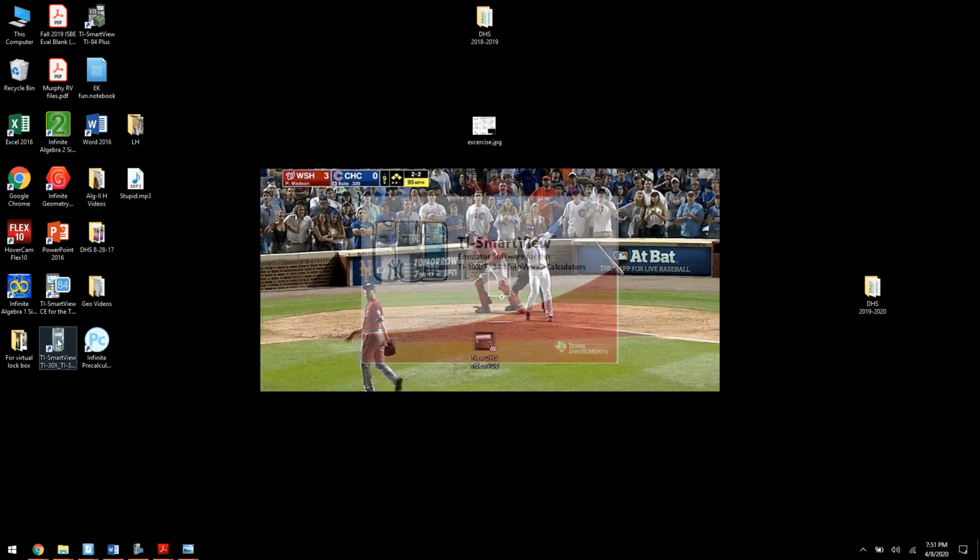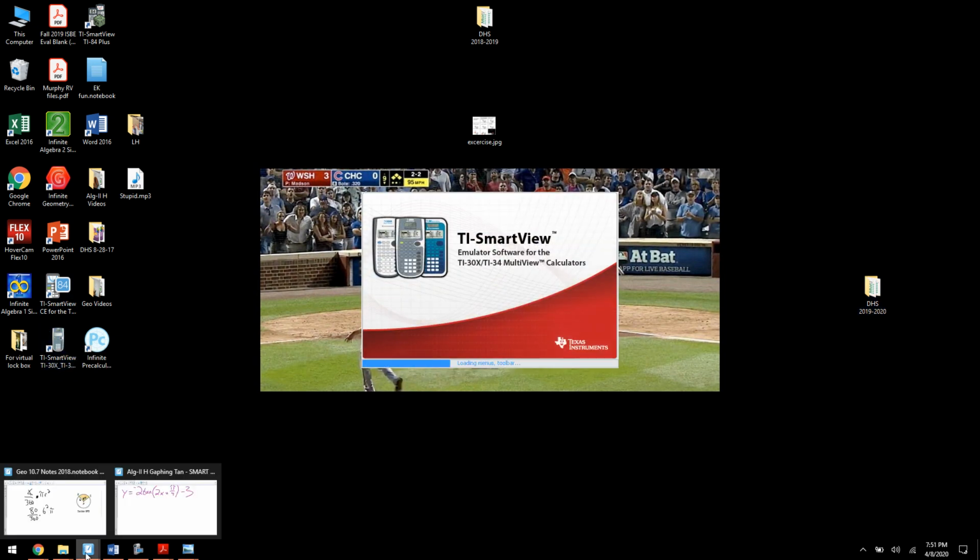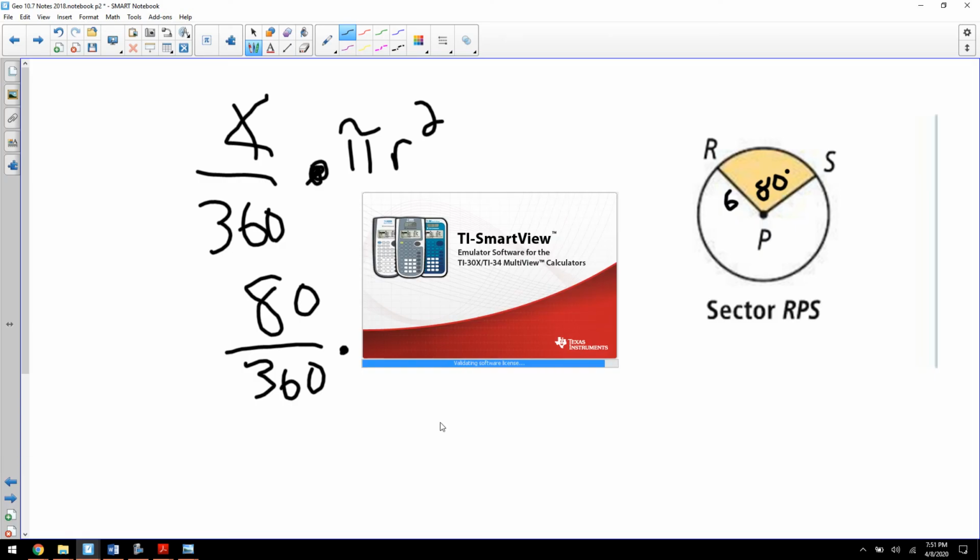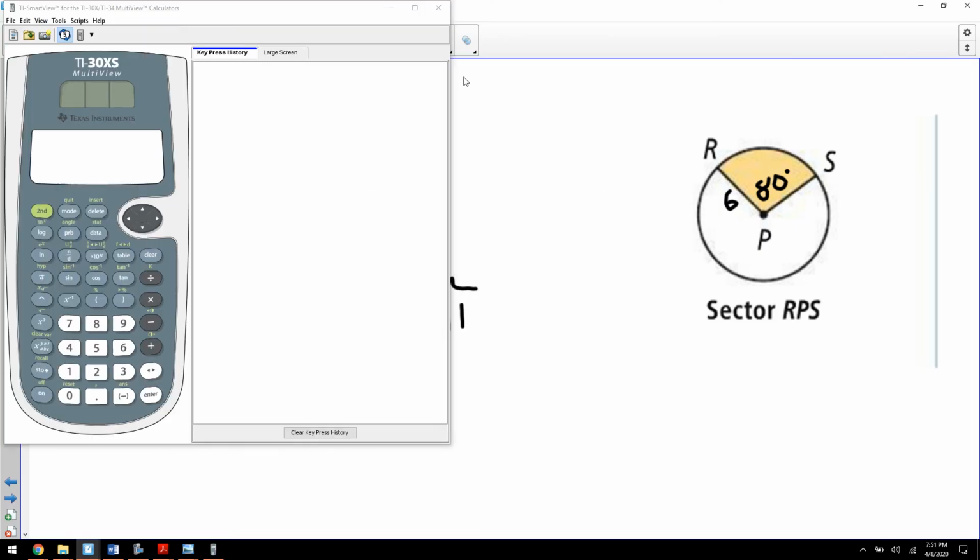When you do so, if you type it directly the way that it looks, by using the fraction bar and the square button and the pi button, you're going to get your answer in terms of pi.